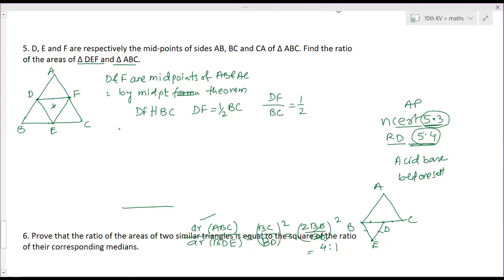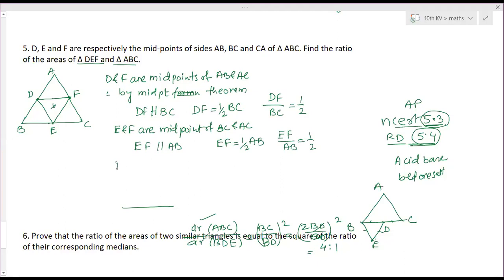Yes. Similarly, E and F are midpoints of BC and AC. So therefore, EF is parallel to AB and EF is half of AB. So therefore, EF by AB is also equal to 1 by 2.